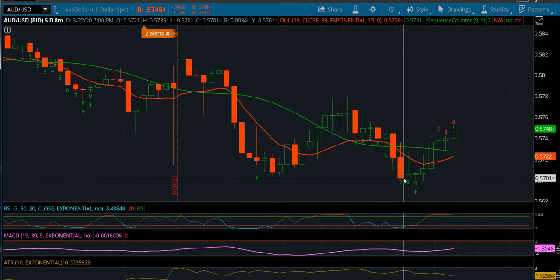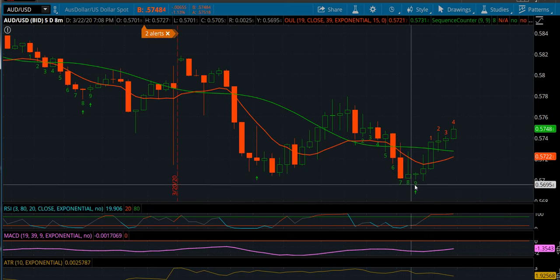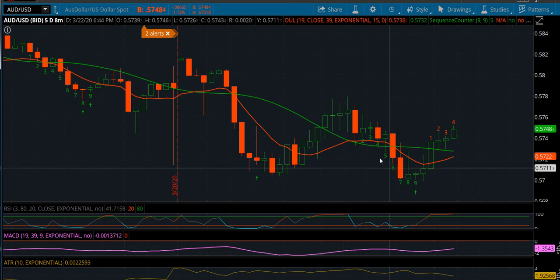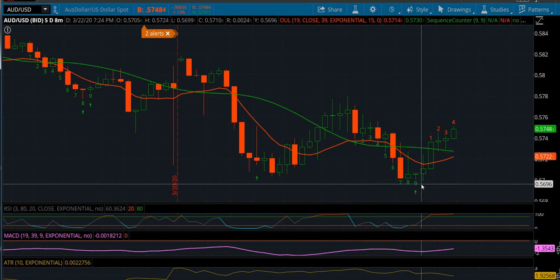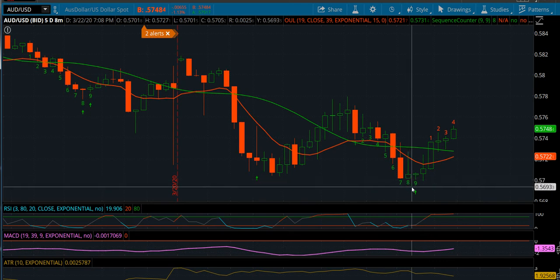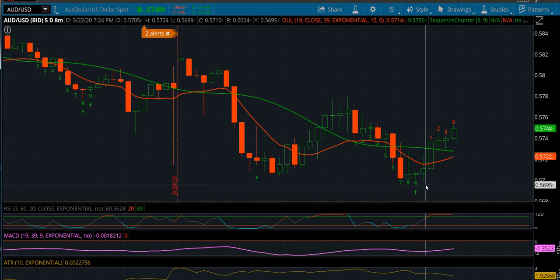Okay, as I said in an earlier video, and I will say all the time, you look for a 9. Bars 8, 9, or the bar following 9, and I say it that way because there's no such thing as a 10 bar on a 9 count.